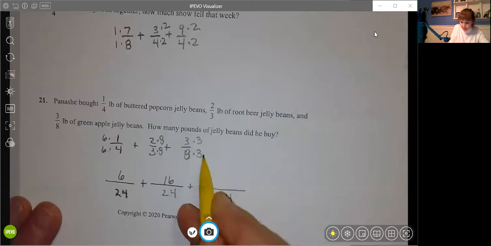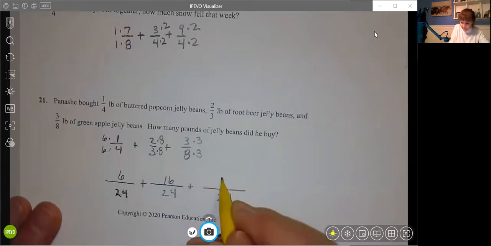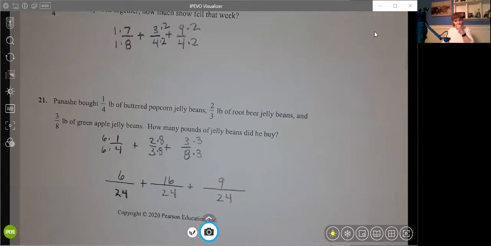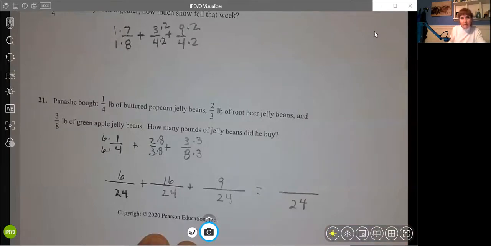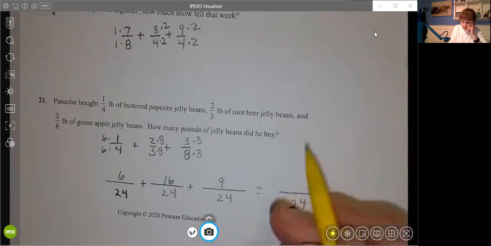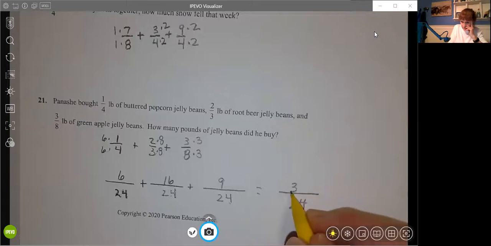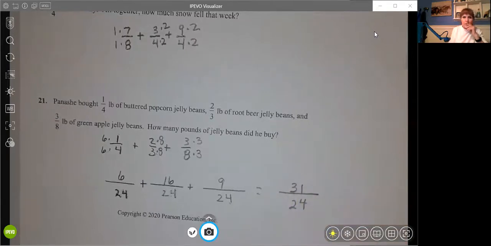And multiplying, you multiply across. Okay. So again, your size of pieces are 24ths. How many of those total do you have? Let's see, this would be 31 again. 31/24 is what that one comes out to be.